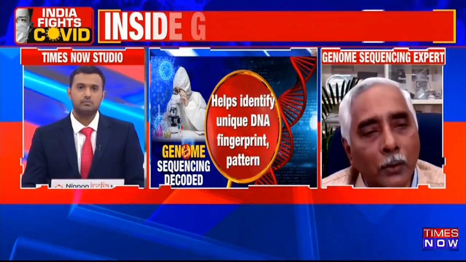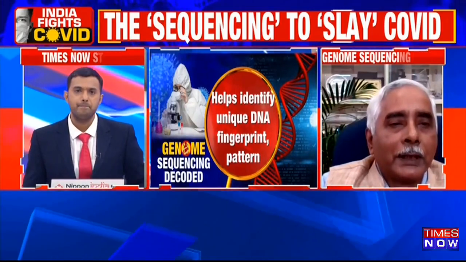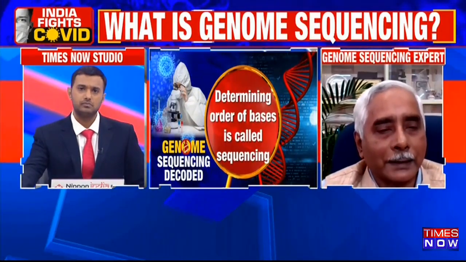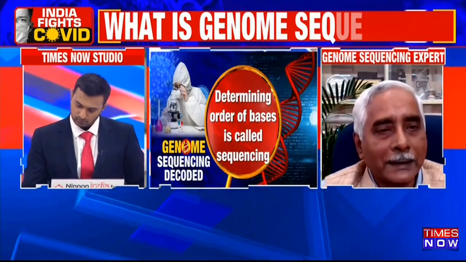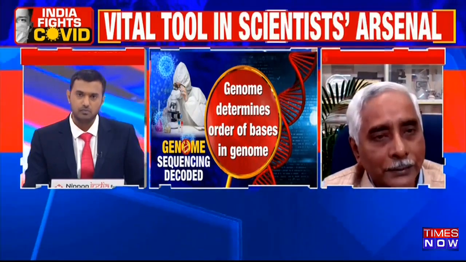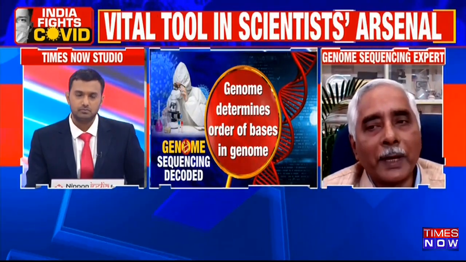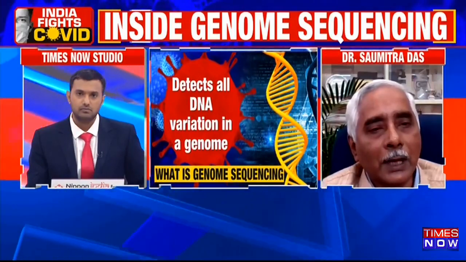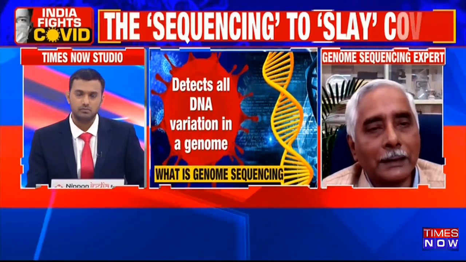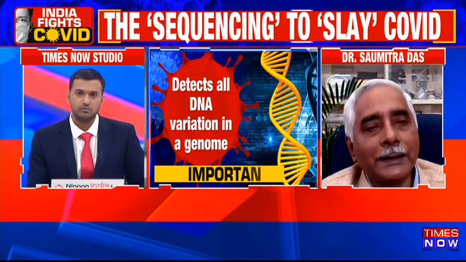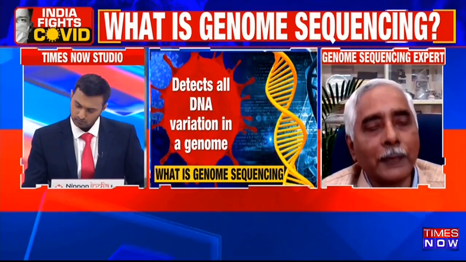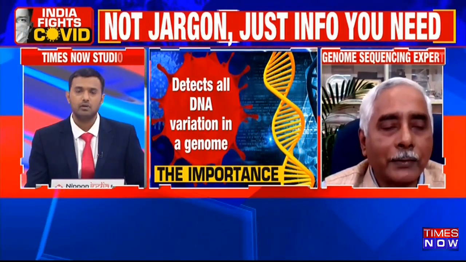But how do we know that? What we do is collect samples from different centers or different places. Then we try to isolate the viral RNA, which is done for the RT-PCR to make sure that the person is actually RT-PCR positive, meaning the viral genome is there in that patient. Then from that RNA we make a cDNA library and try to decipher the sequence of the genome.